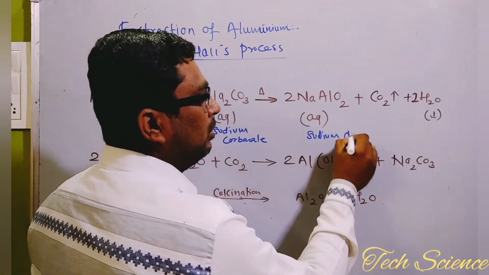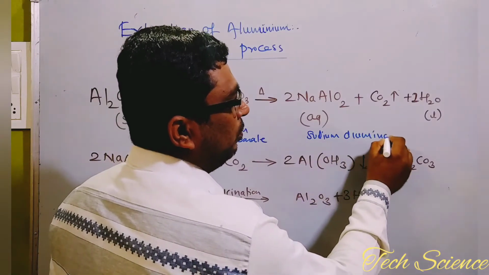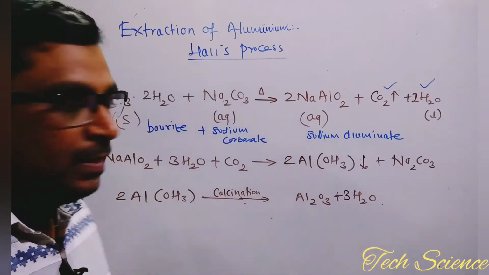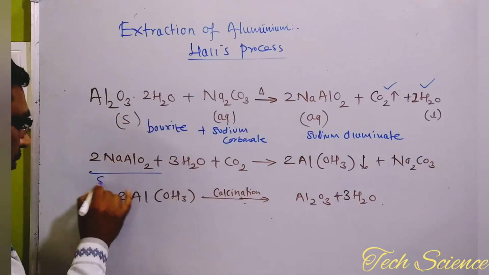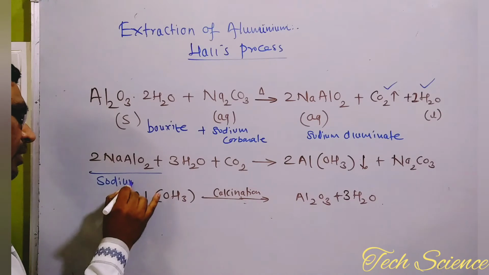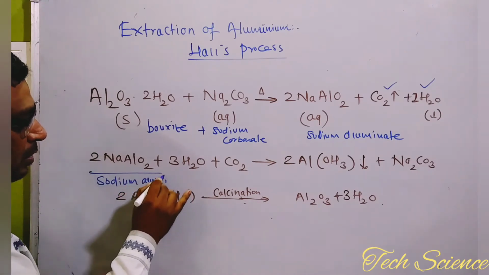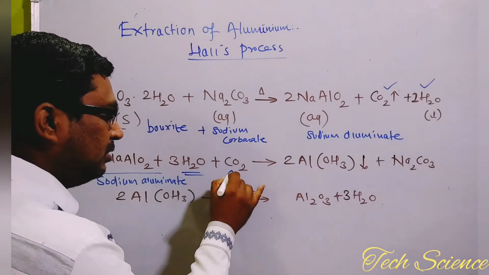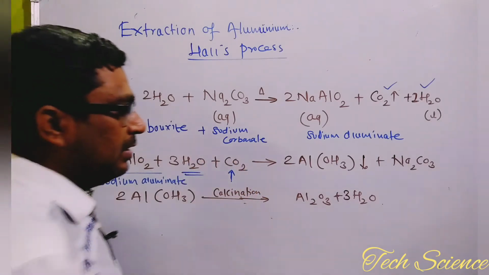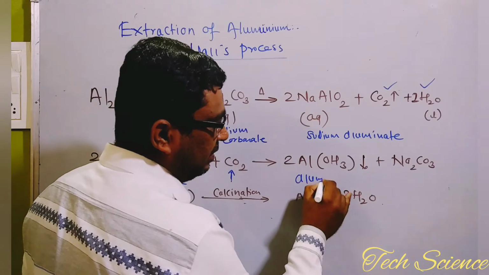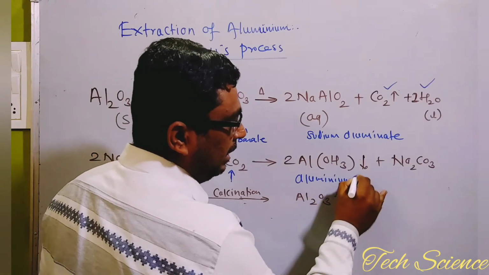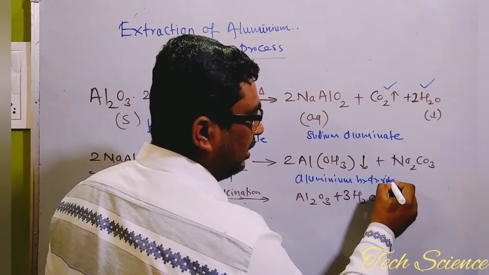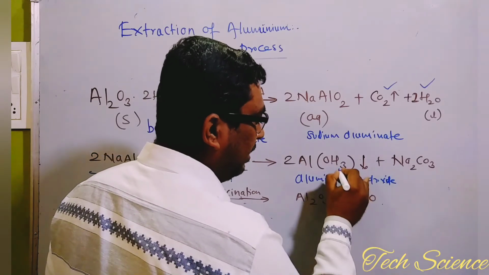As I told you, the first output is sodium aluminate along with the liberation of carbon dioxide gas. Now this is the second step. Further, this sodium aluminate you have to warm with water along with passing CO2 gas in it. What happened here? Aluminium hydroxide, Al(OH)3, has been formed.